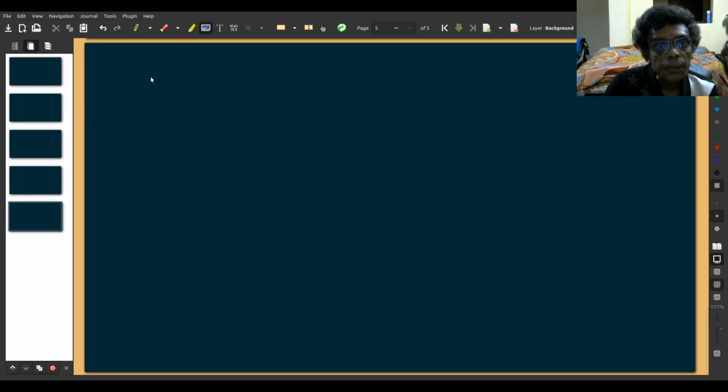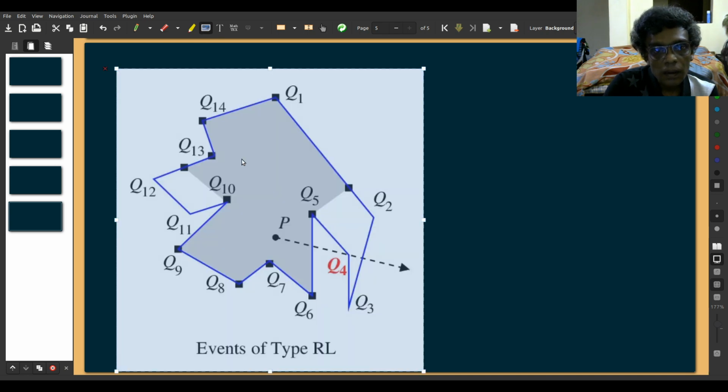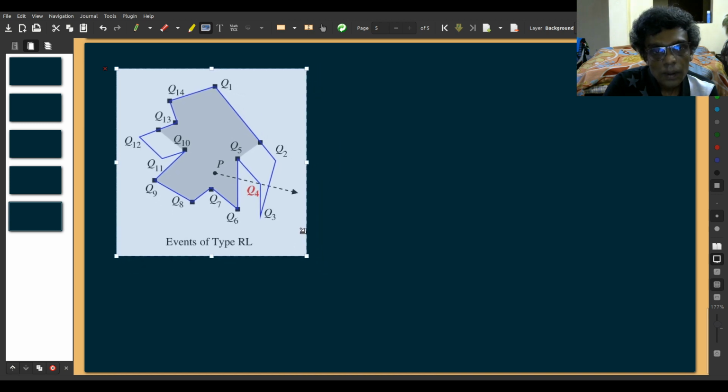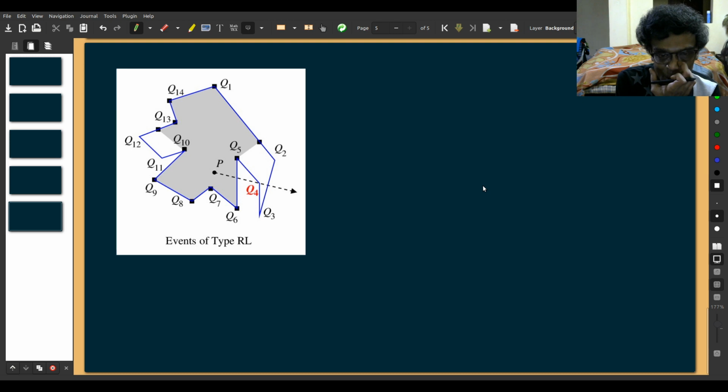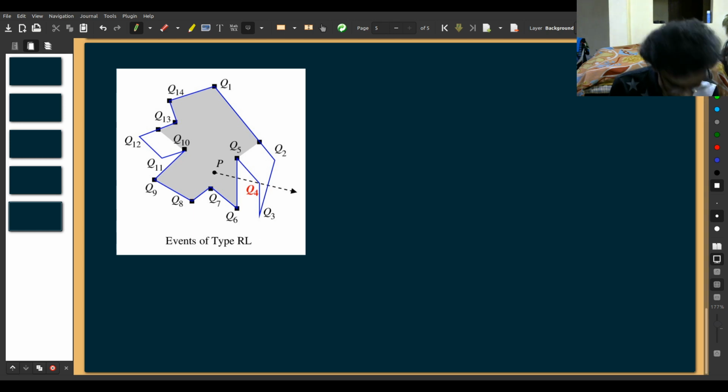Again, I import a picture, RL. Okay, so this Q4 illustrates this. The previous point is to the right, the next point is to the left. It seems that this is rather symmetric to the LR case, but it is so.